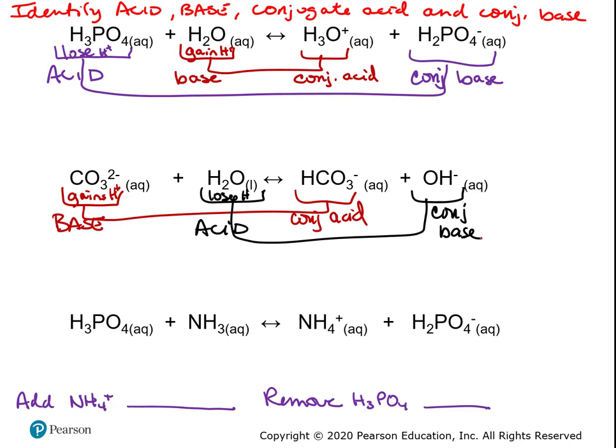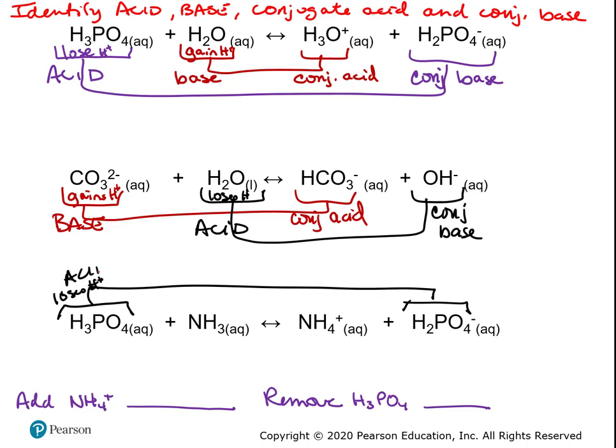Last ones. H3PO4, its common pair is H2PO4 minus. You would say it's an acid because it loses a hydrogen ion. So it is the acid, and that makes H2PO4 minus the conjugate base.